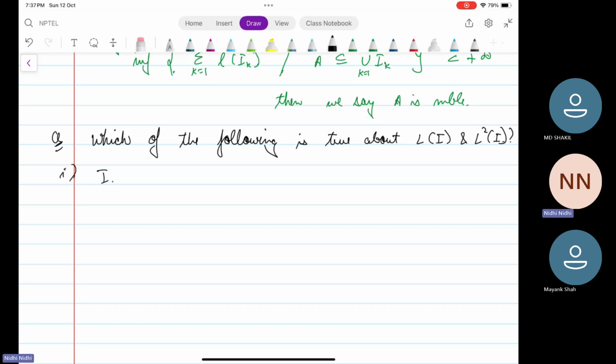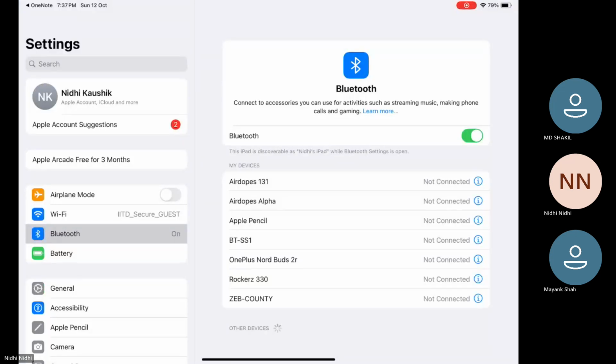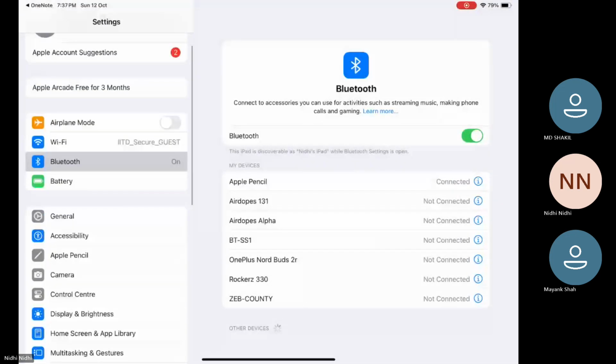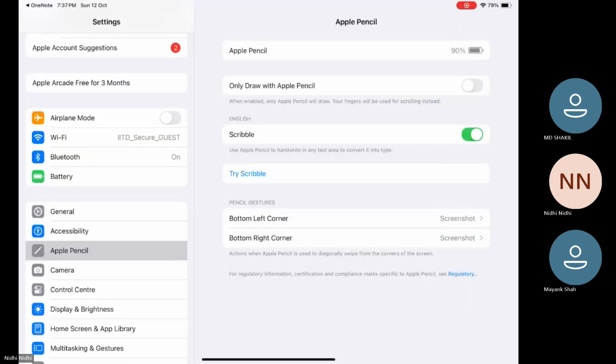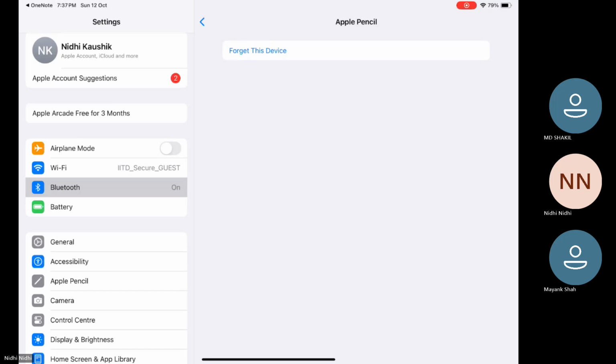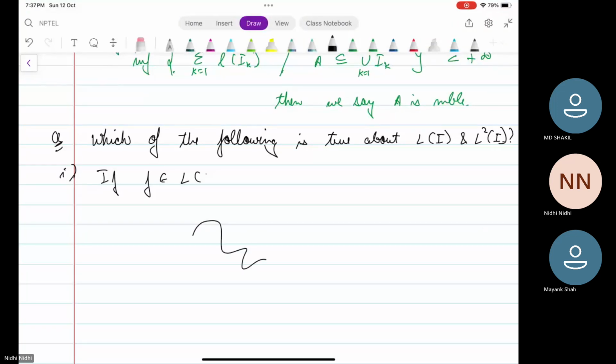The first one says that if f is integrable, then its square, then f belongs to L2 as well.